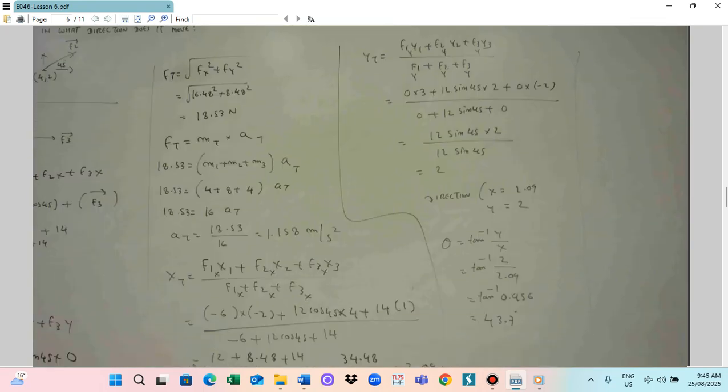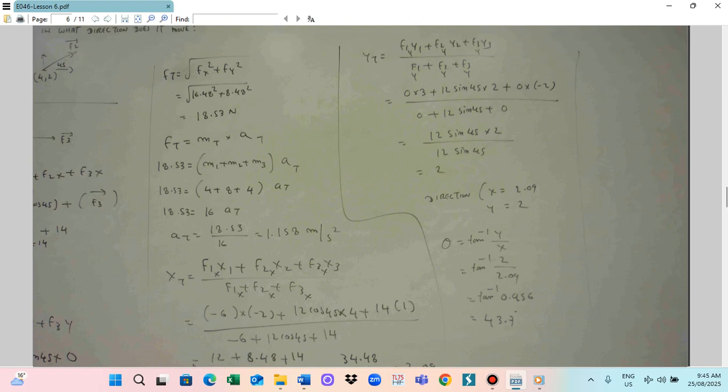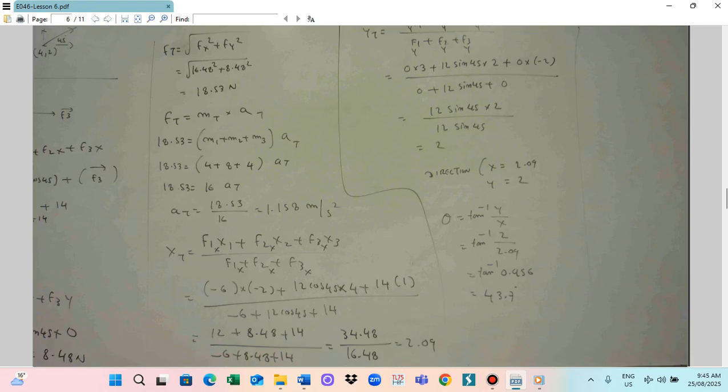Okay, so now we have the summation of Fx and Fy. In this case you can calculate the F total. F total is the square root of Fx square plus Fy square. So 16.48 square plus 8.48 square.